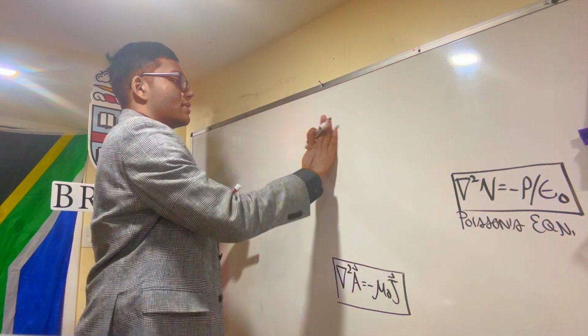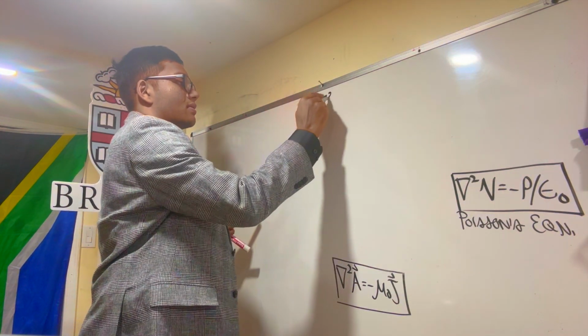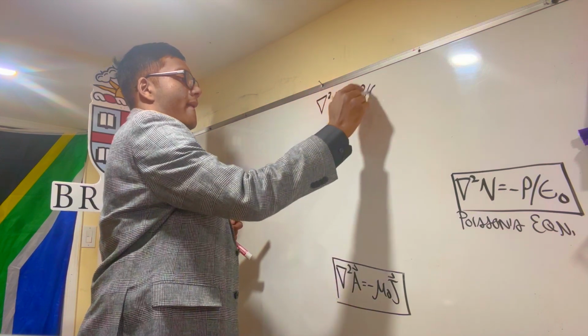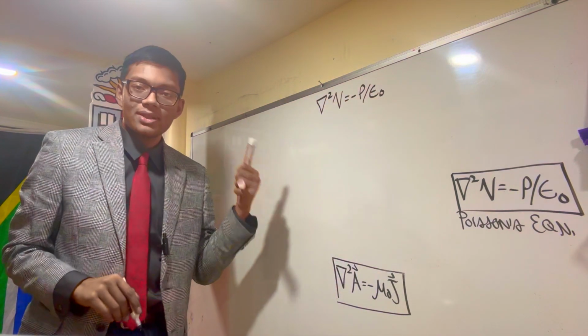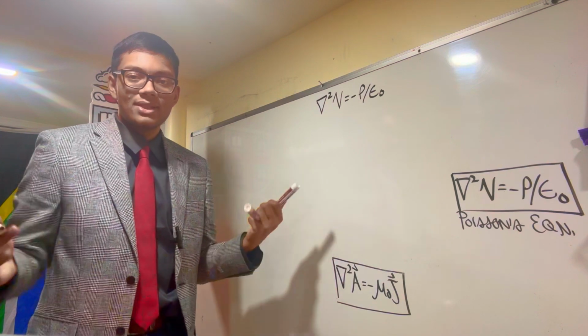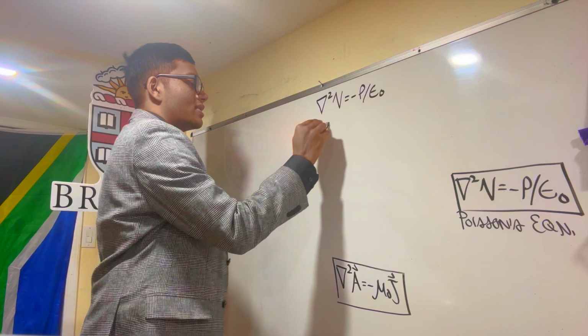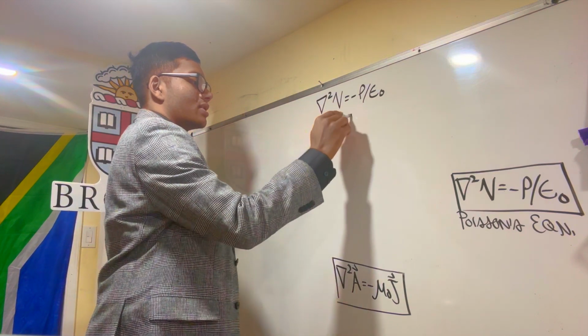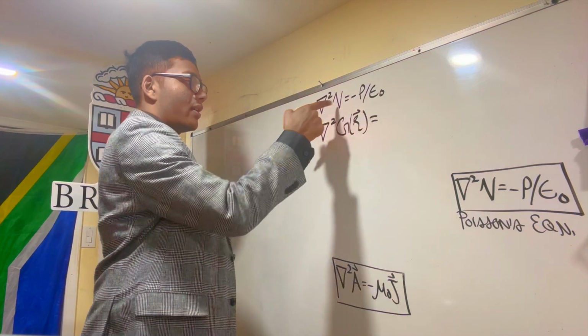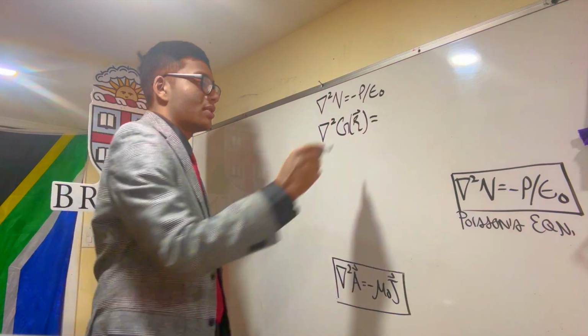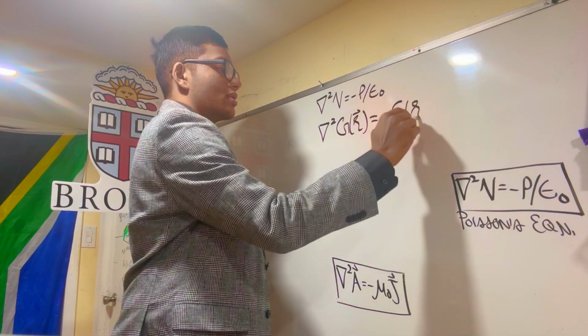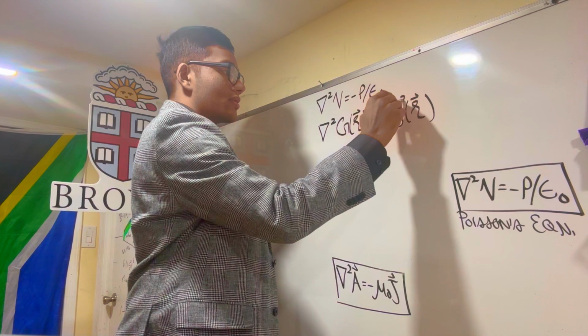Well, we look at this for a moment, and then we think, what's the simplest solution to this equation? Well, it's the Green's function. The Green's function of the Poisson equation should give us a delta function solution by definition.